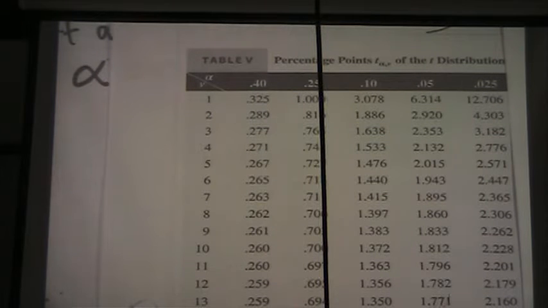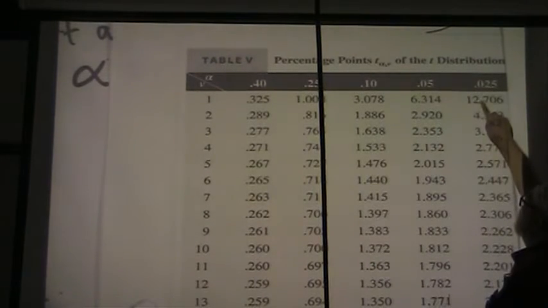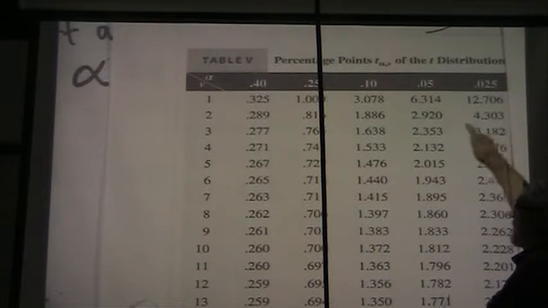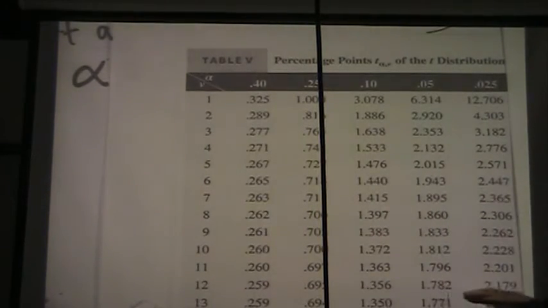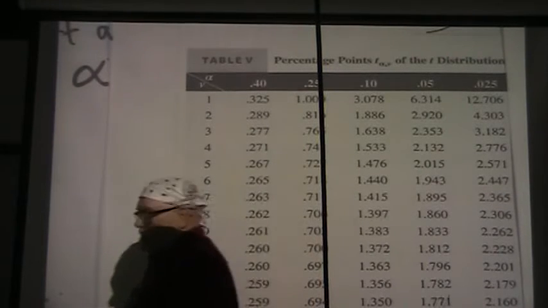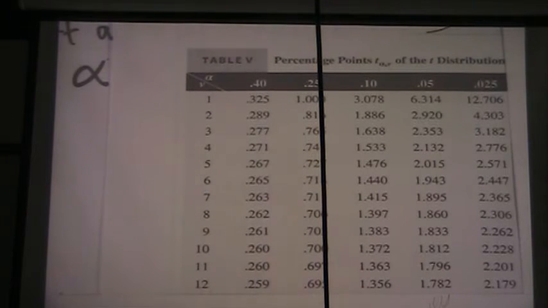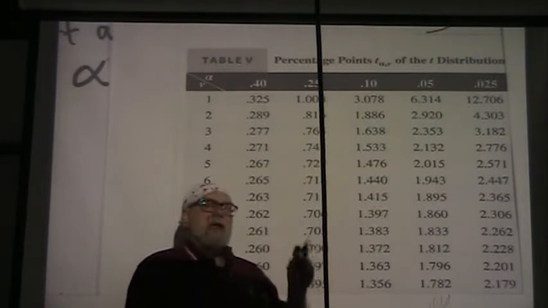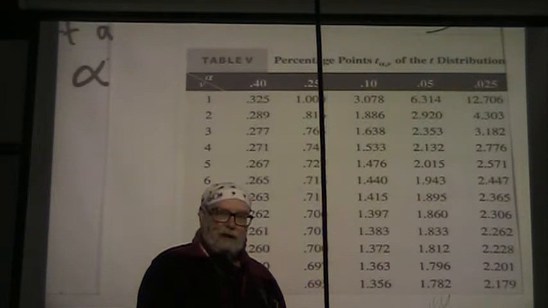All right, so my alpha divided by 2 is 0.025. Then I'm going to follow over here my degrees of freedom, my number 12. So that now I say my T alpha divided by 2 with n minus 1 degrees of freedom.